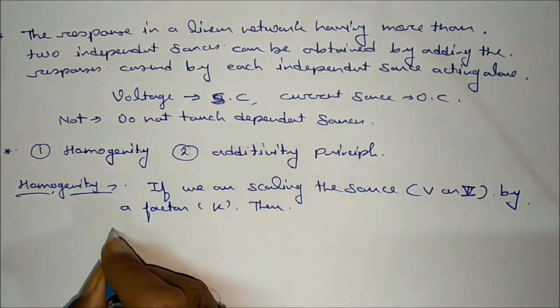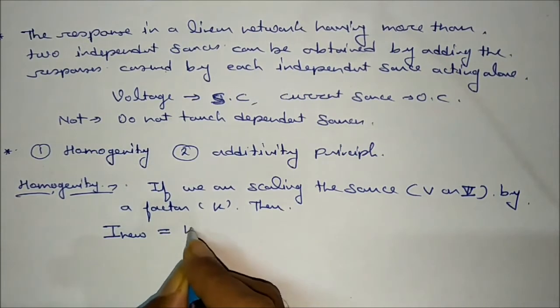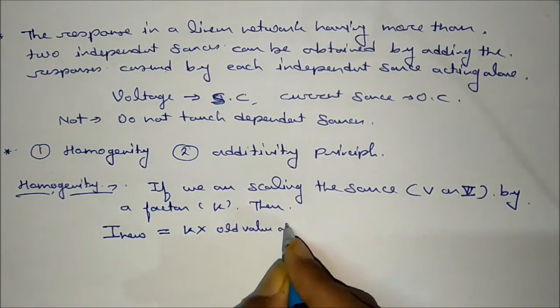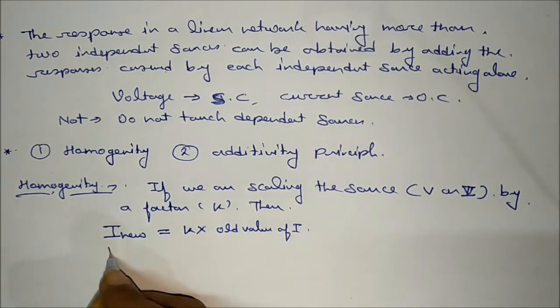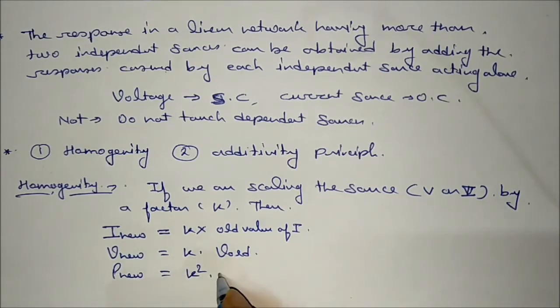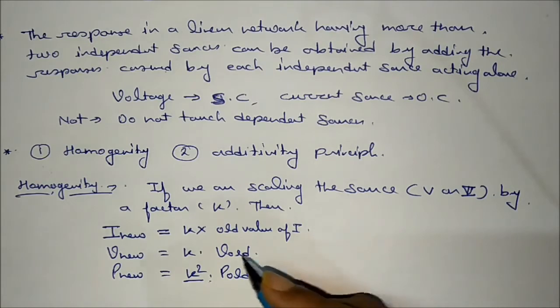Like for a current response, the new value of current will be equal to k times the old value of I. Similarly, V new is equal to k times V old. Similarly, power new is equal to k square times P old. Why is it k square? Because power is a function of I square or V square. That's why it's k square.